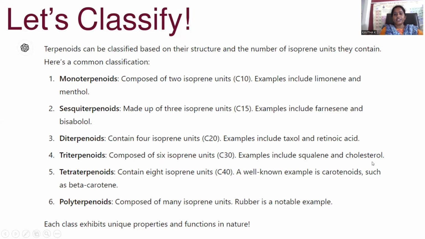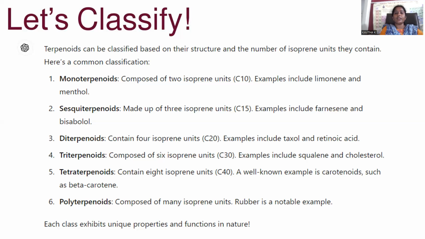This is the kind of session we are discussing for competitive examinations or any academic examination. This is important. Many times such examples will be given, for example, if we are asking about a triterpenoid, what example can you notice?